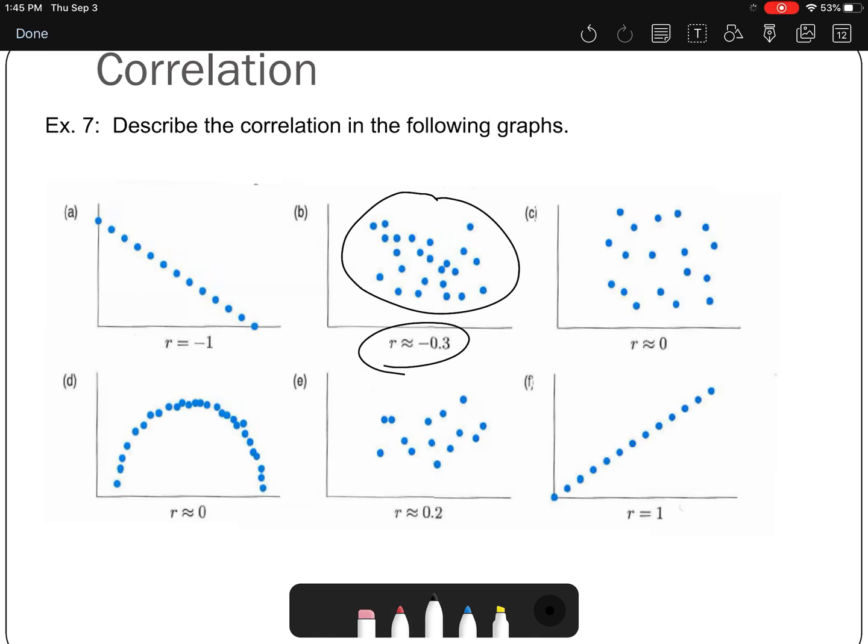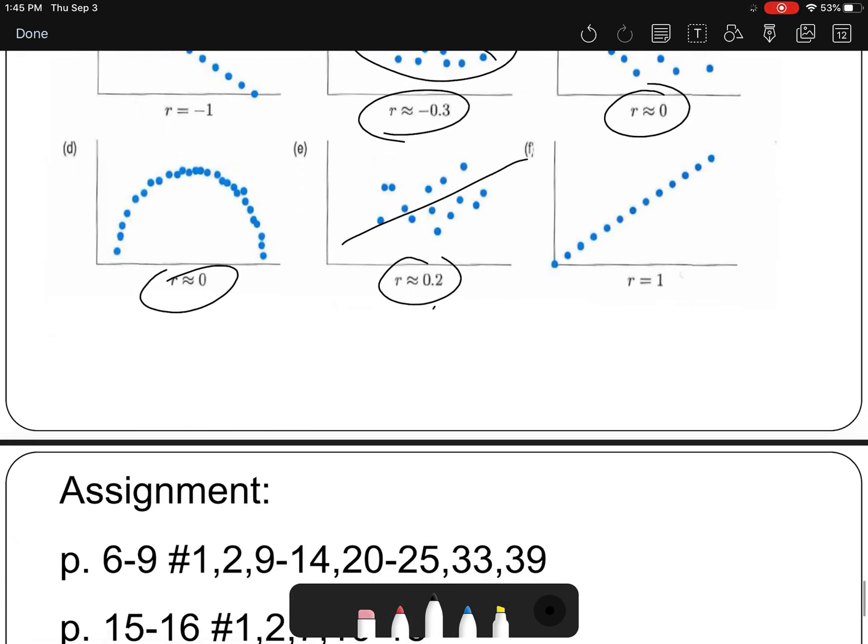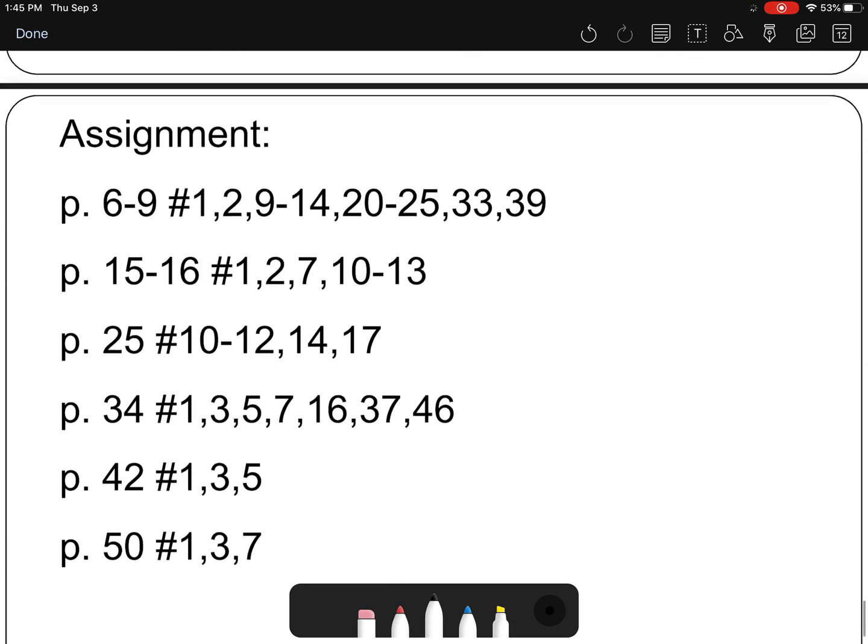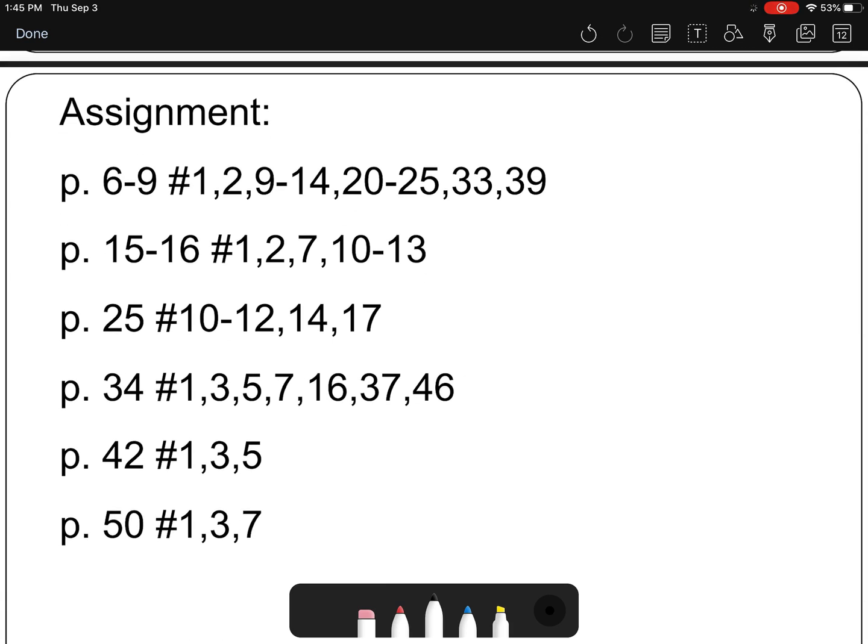I can hardly make a line out of B. That's why the correlation coefficient is so low. C is 0. There is no correlation. Same with D. E, we can kind of get a line of best fit. So it's 0.2. This is -0.3. Not real good. C and D, obviously, there's no correlation. Okay? So we'll have to use our calculator to calculate those.